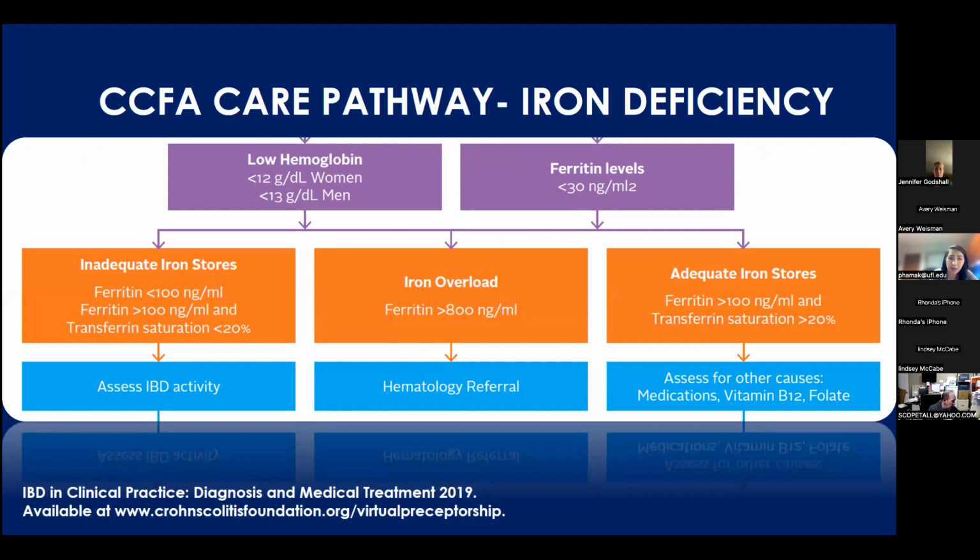If they have active IBD and low hemoglobin and low iron, that's when I immediately will sign them up for iron infusions regardless, because that of course improves outcomes, and that's the fastest way to get their anemia resolved, and especially if they need to be fast-tracked to see the surgeon and need possible surgery, that is the only way to go. If their ferritin is less than 30, of course, then I'll discuss with them.